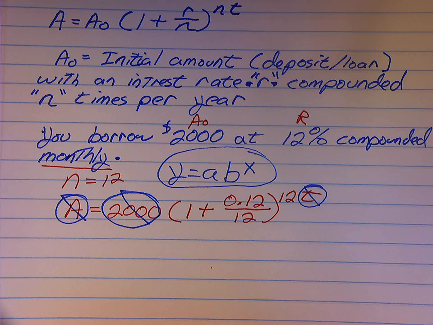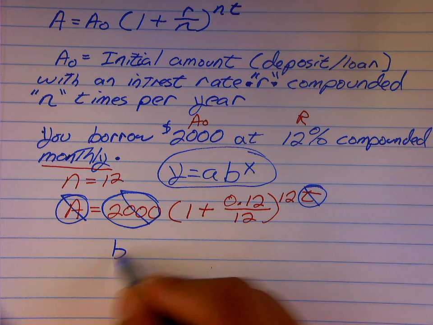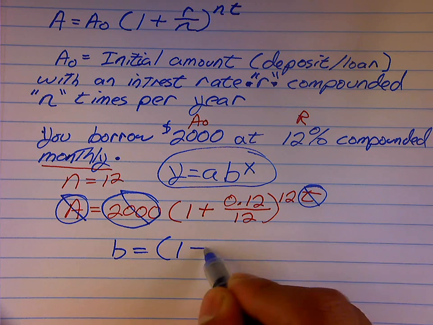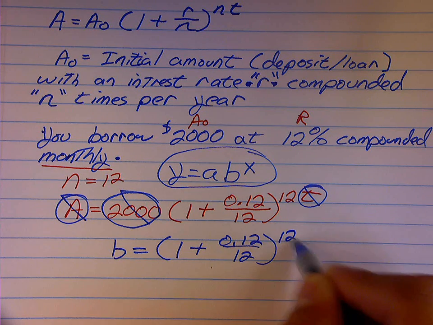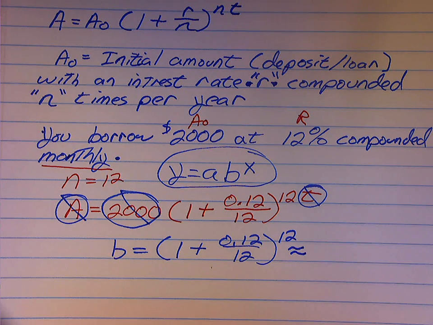I have 4 components of an exponential function: input, t, output, A, initial value, 2,000, and the factor. I've identified 3 of those 4 components. That means everything else must be the factor. The factor of this exponential function is 1 plus 0.12 over 12 raised to the 12th. Throw that in your calculator and let's get a decimal approximation.